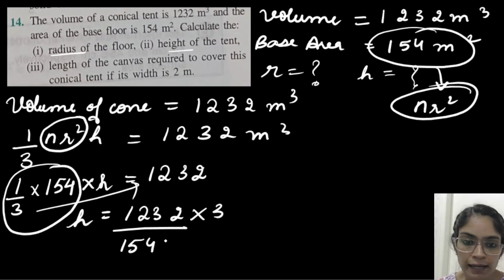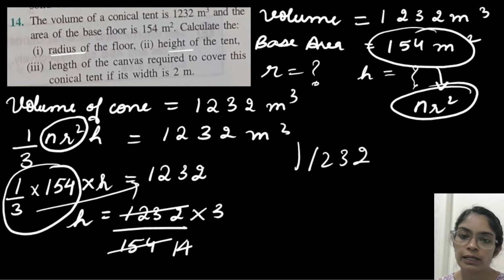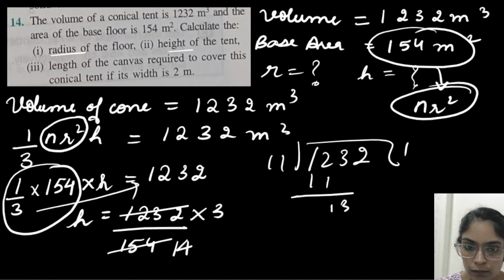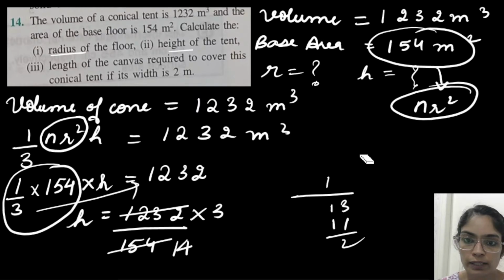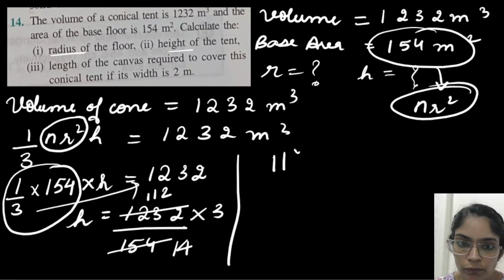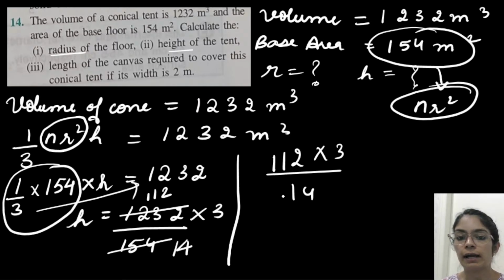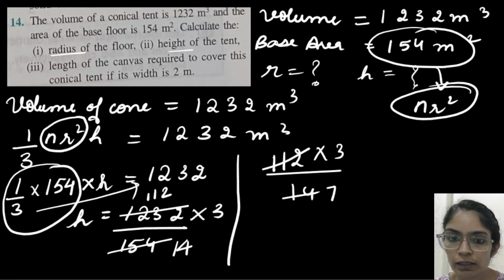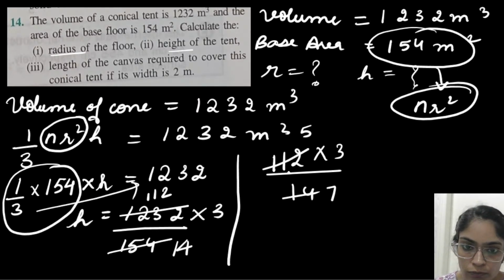This will get cancelled on 11's table: 11 into 14, and 1232 also divides by 11. 11 into 112. So I am left with 112 into 3 by 14. 14 and this will get cancelled on 2's table: 2 into 7, 2 into 56.